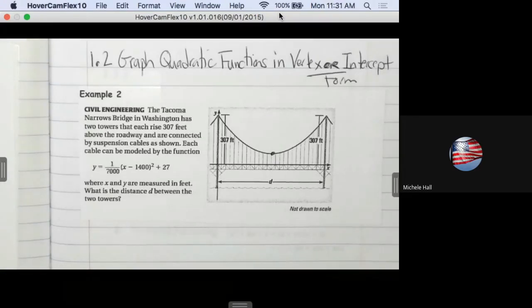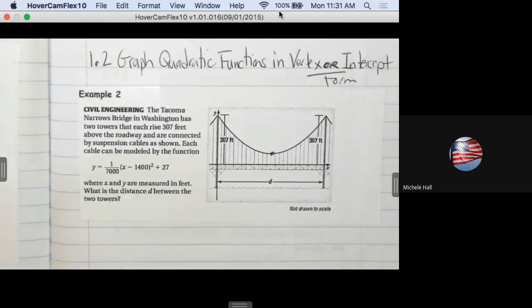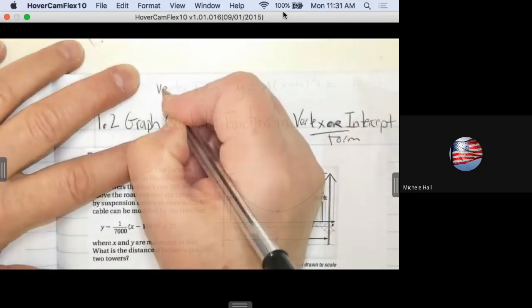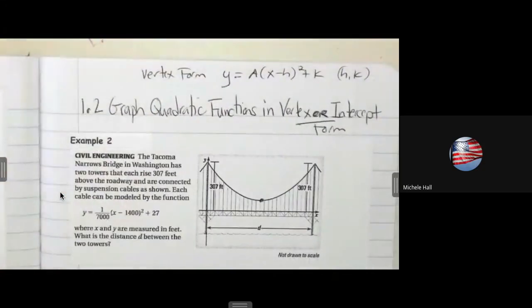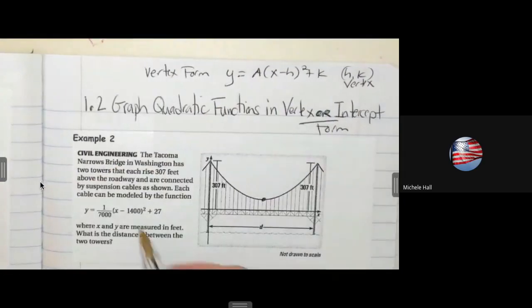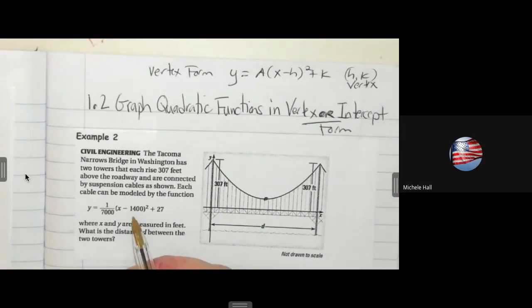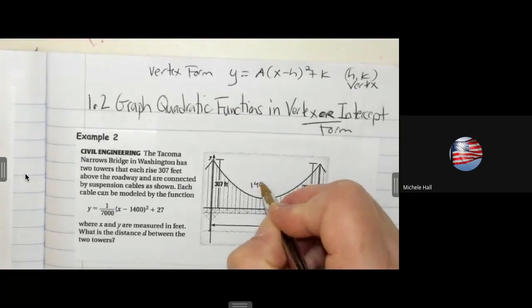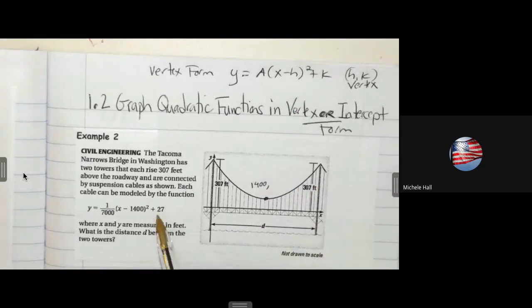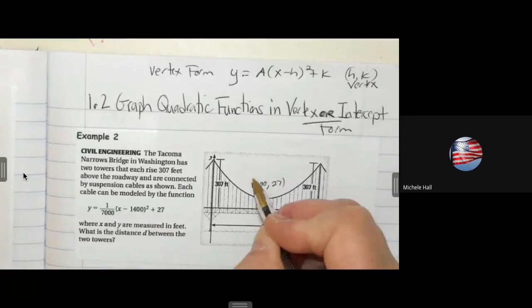There's the vertex form. HK is the vertex. So is it positive 1400 or negative 1400? Positive 1400. And K is 27. There's my vertex.